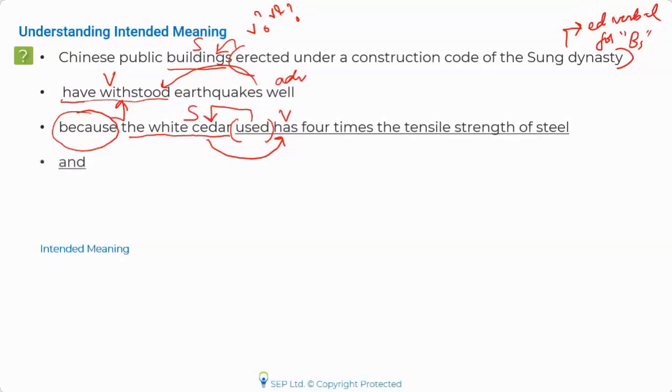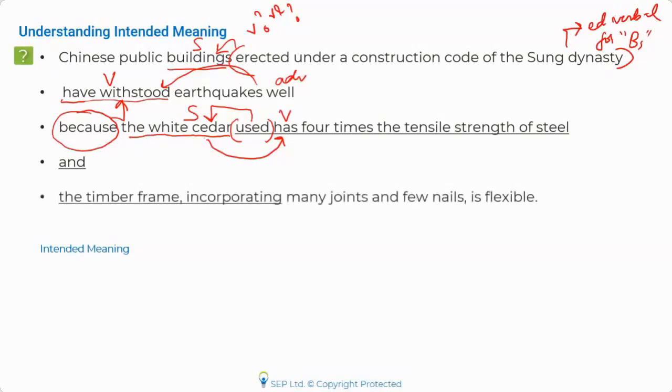And, oh, so they are going to give us another reason maybe. The timber frame. So that means timber frame is probably another material. Now, some of you may have confused timber frame to be a part of the previous clause. I mean, some of you might have thought the white cedar has 4 times the strength of steel and timber frame. So does it make sense to say strength of steel and timber frame?